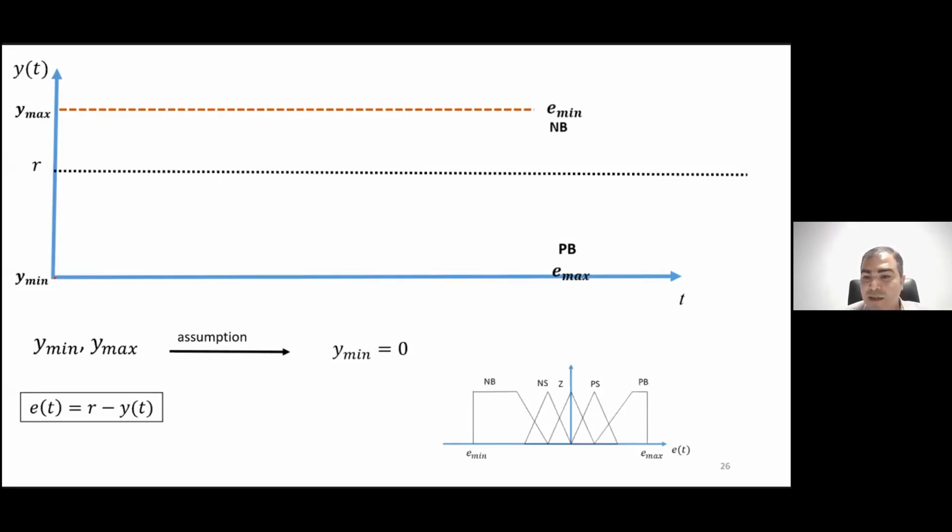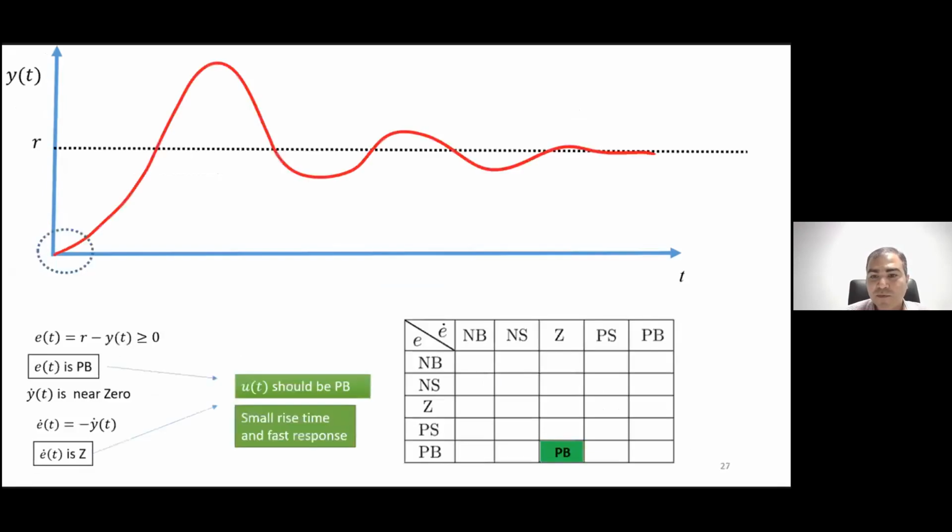Near this line, it shows that the value of the error is negative big, and near the reference, it stands for the value of the error being Z or near 0, and so forth for the other values.